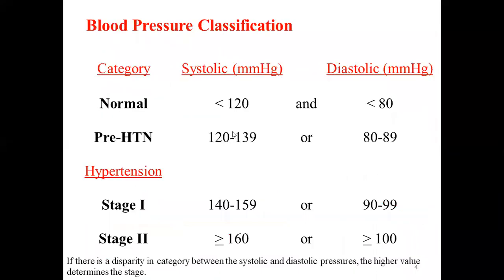Okay, then when you look at the international classification of blood pressure, when you say normal, the systolic should be less than 120 and the diastolic should be less than 80. Then prehypertension. When someone has prehypertension, most of the time we don't initiate any drug treatment. We just treat with lifestyle modification.